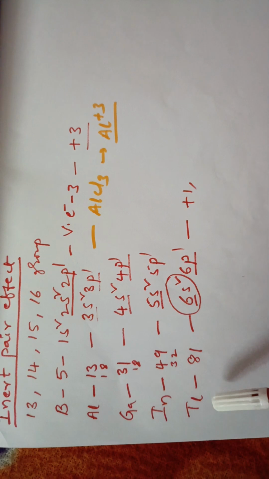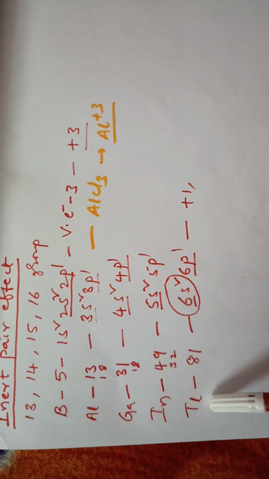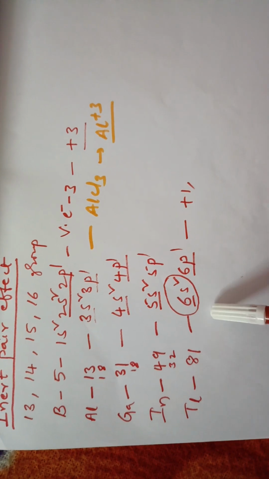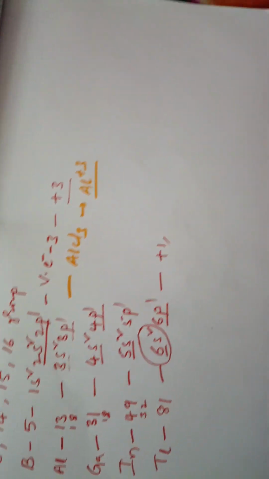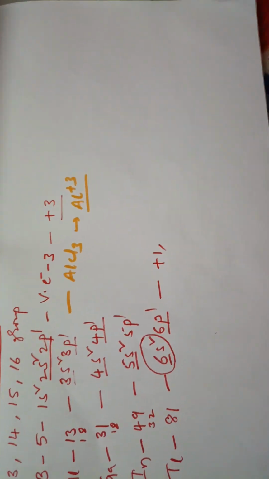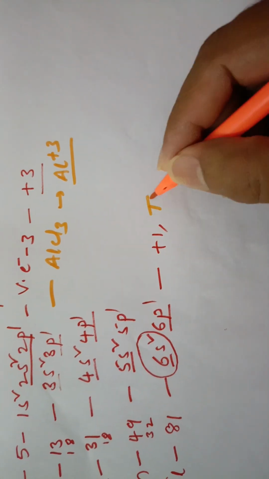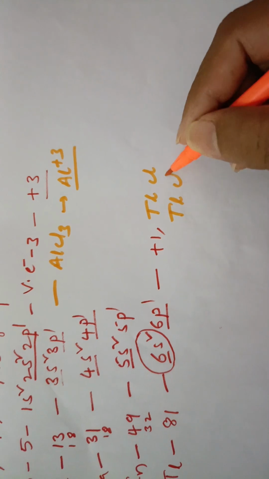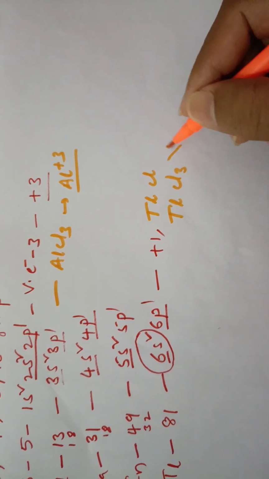So, suppose thallium combines with chlorine, then it will form thallium chloride, like this, thallium chloride, but not thallium trichloride.